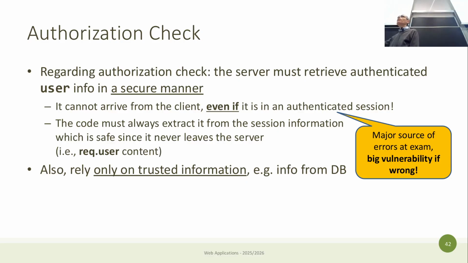I can only trust that on the server there is an active session, the one that comes with this request, and it associated this session to user 123. At that point, I'm sure that it is user 123 who authenticated before with username, password, whatever, and that session ID corresponds to that user, and so I can delete item 456 because it belongs to user 123. Again, this is really important.